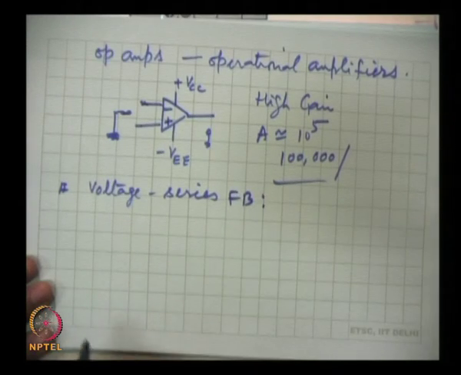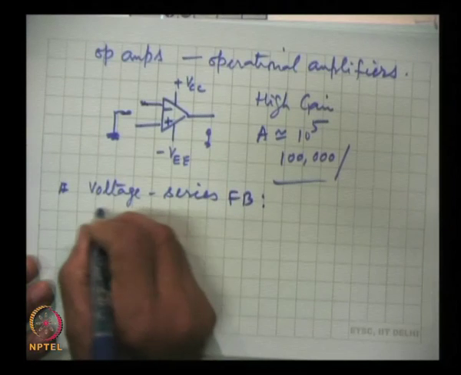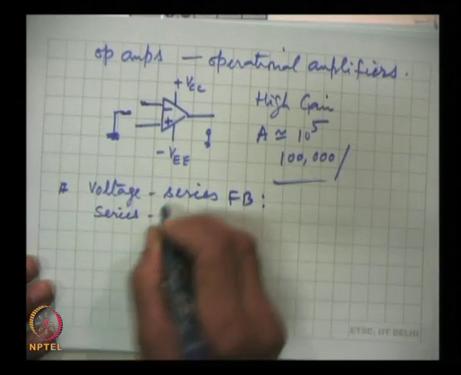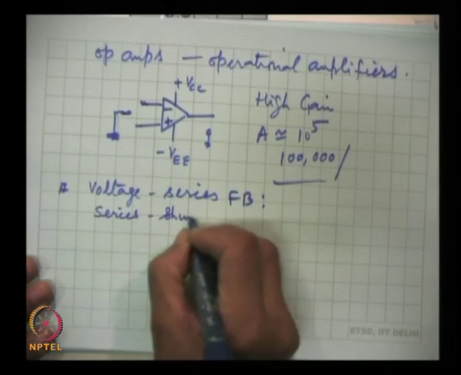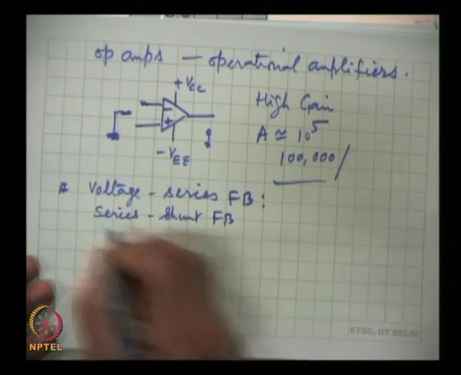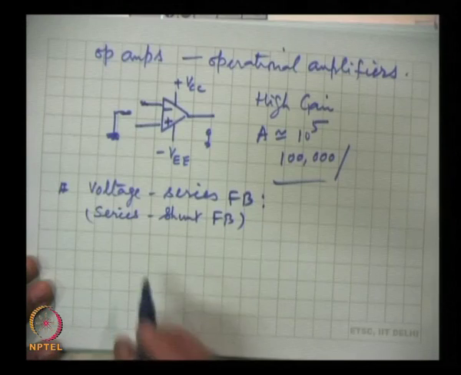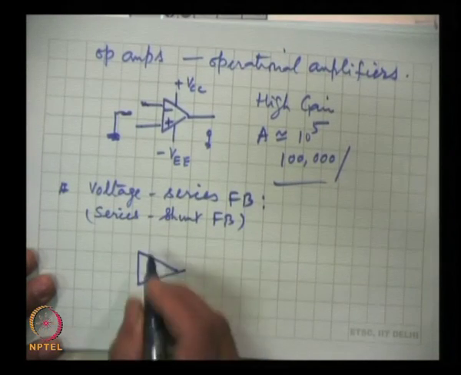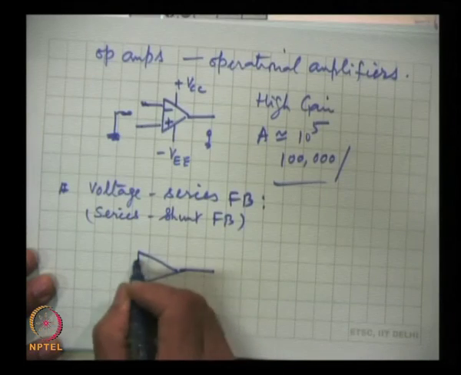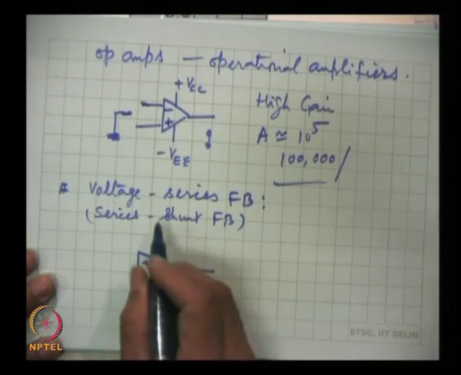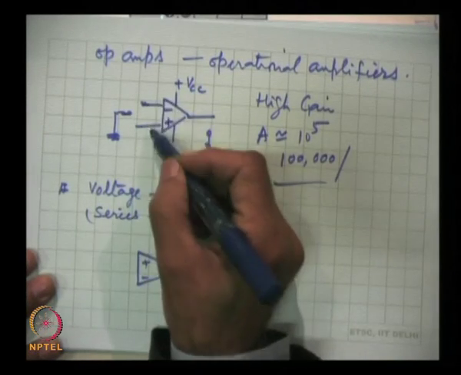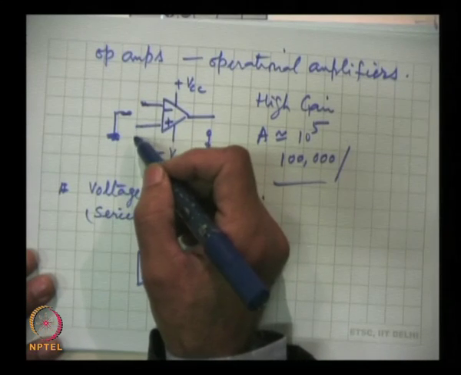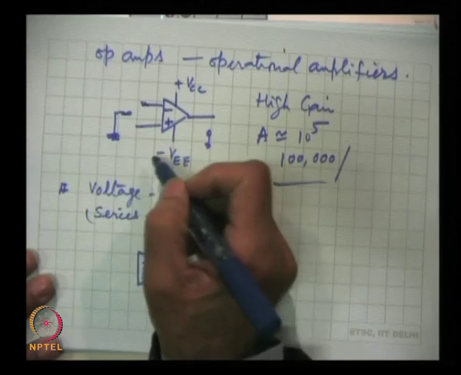Voltage series feedback, which is also called series shunt feedback. And the circuit is this. Out of these two input terminals, if we want to use one, the other is grounded.